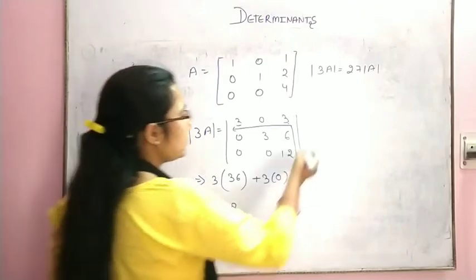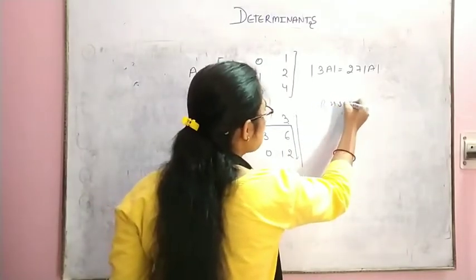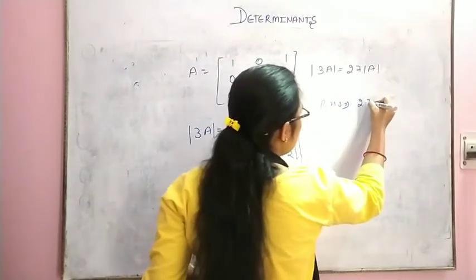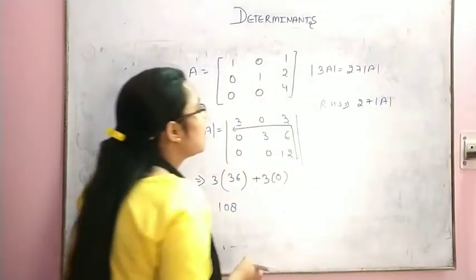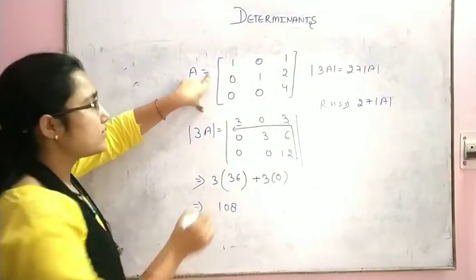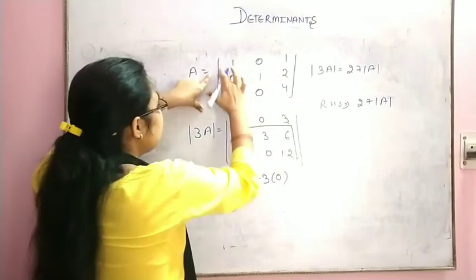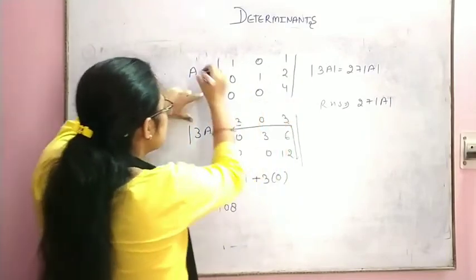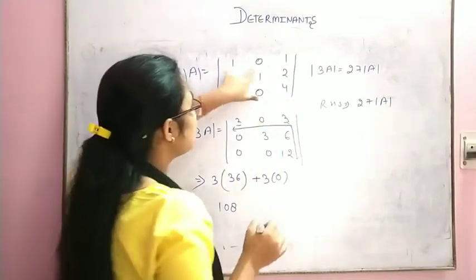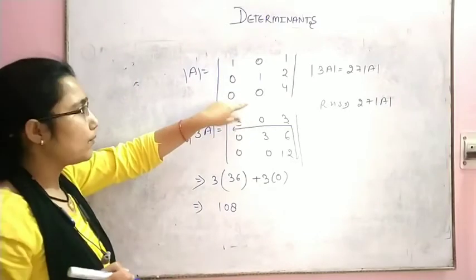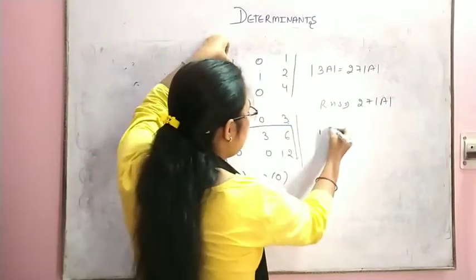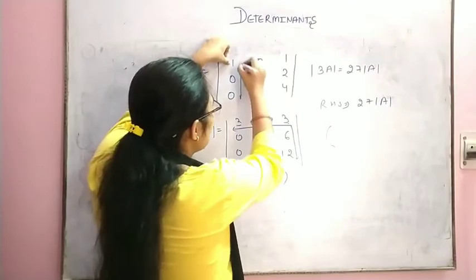Now we have to find out the right hand side. What is the right hand side? So this is 27 determinant of A. Now we have to find out the value of determinant A. So A is given this. So that means determinant A is 1 0 1, 0 1 2 and 0 0 4. Firstly, write down 1 and the respective row and column will be cancelled out.